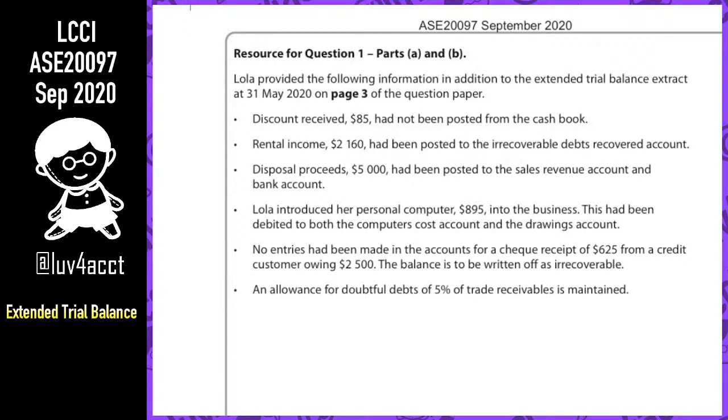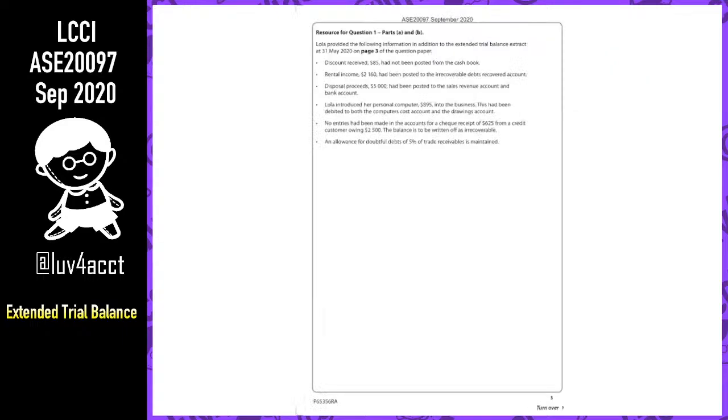Disposal proceeds 5,000 had been posted to the sales revenue account and bank account. We know that for disposal proceeds, it's not sales. We receive money from the sale of a non-current asset, but it is not a sale of goods. So 5,000. Bank is correct, but the sales account is not.